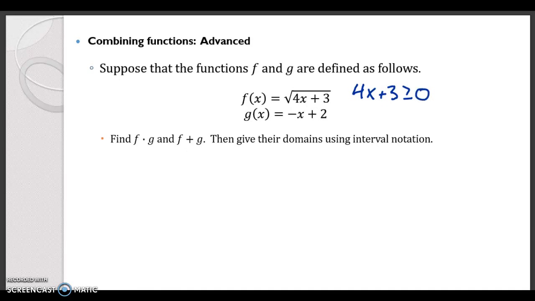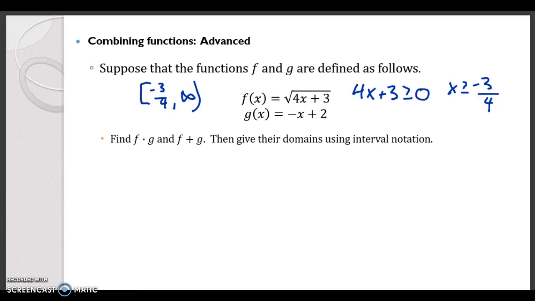Because we can't take the square root of a negative number and get a real number out. So we subtract 3, divide by 4, and we get x is greater than or equal to negative 3/4. In interval notation, that's negative 3/4 to infinity.